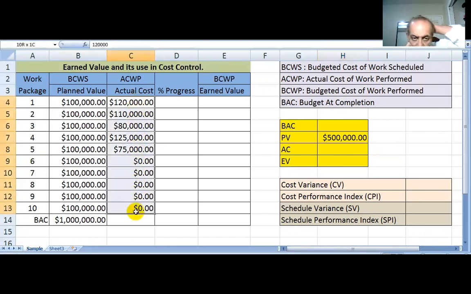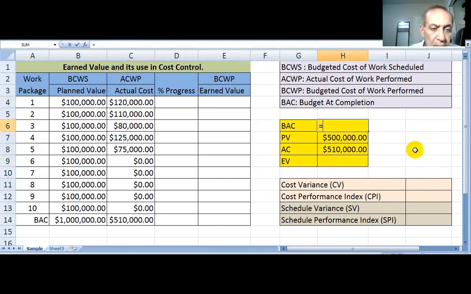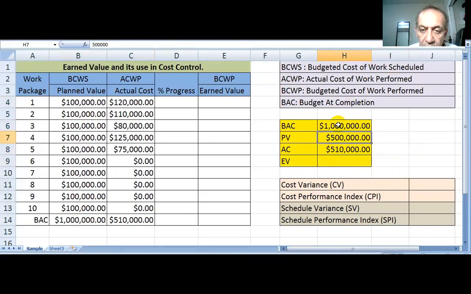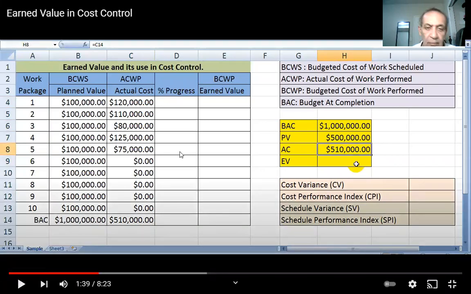We planned to spend 500,000, but we had actually spent 510,000. And the total project budget is 1 million. Now, when you look at these three pieces of information, the total budget of the project is 1 million. As of today, we planned to spend 500,000, but we had actually spent 510,000.